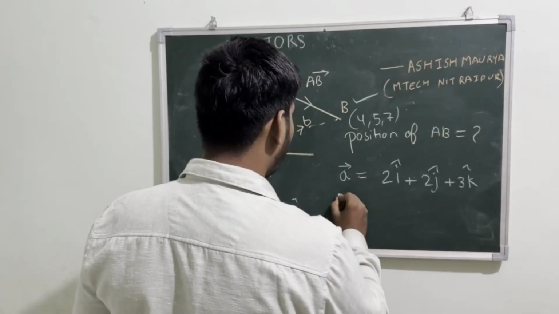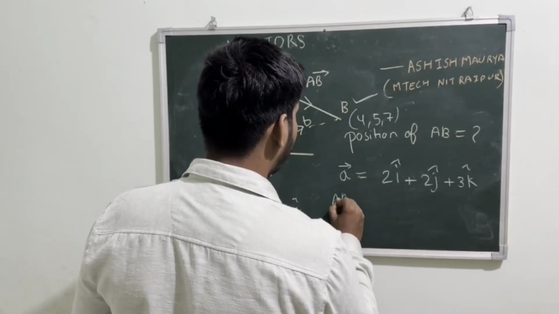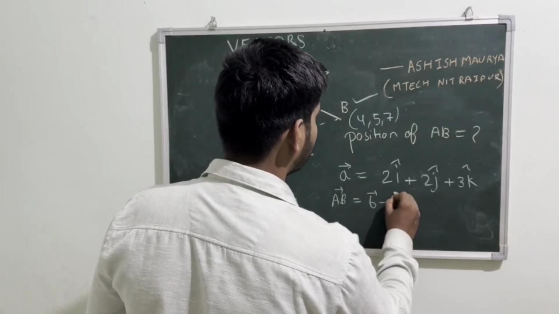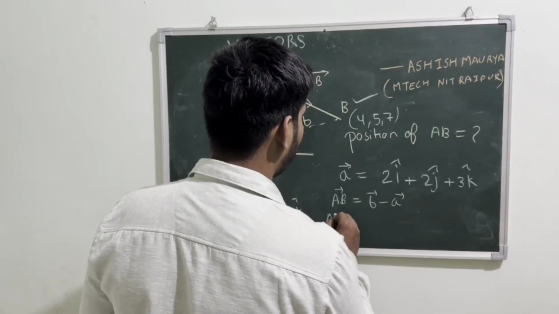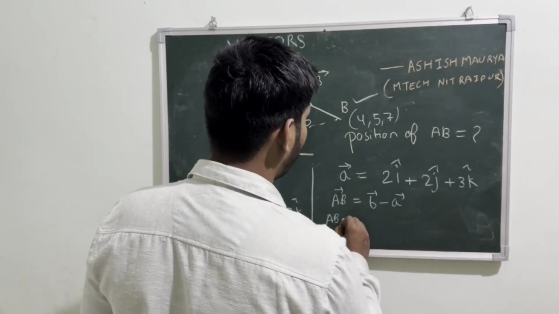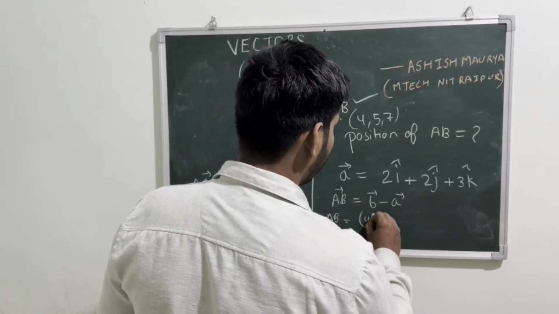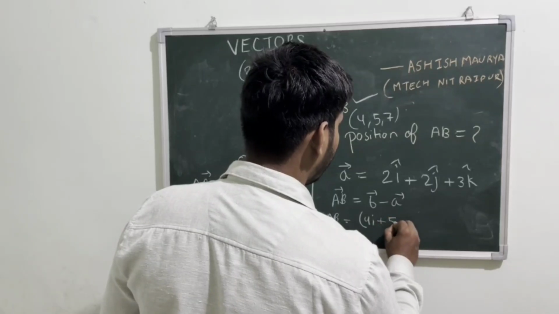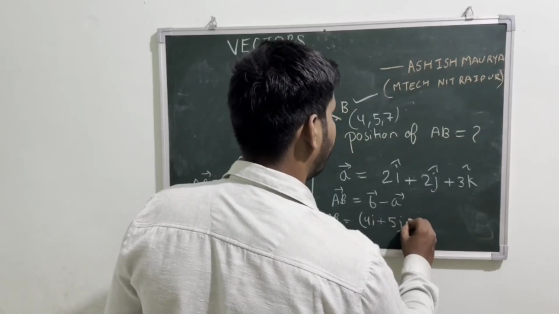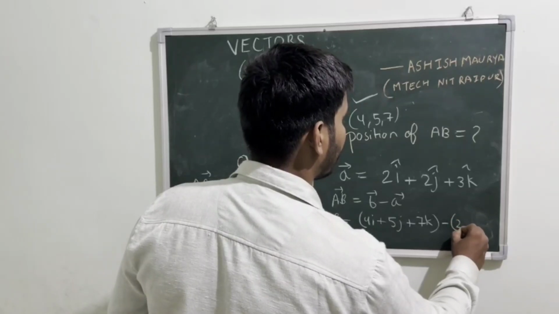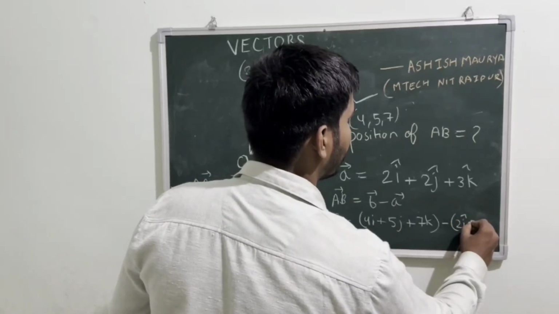And now vector AB is equal to vector B minus vector A. That is, AB vector will be equal to B, 4i plus 5j plus 7k, minus 2i plus 2j plus 3k.